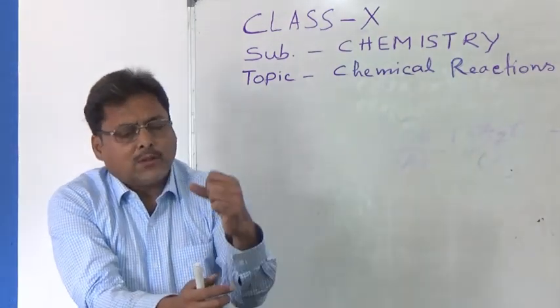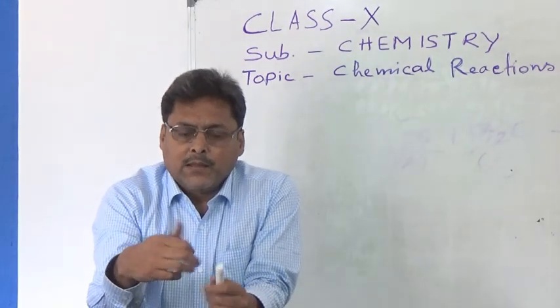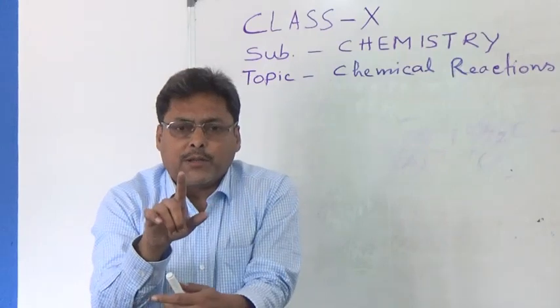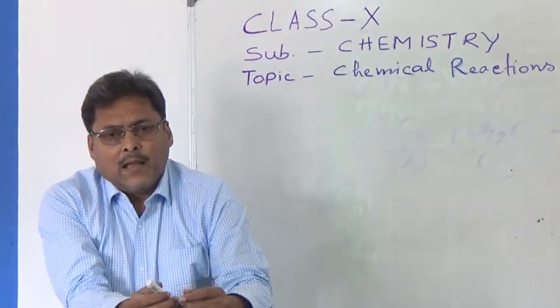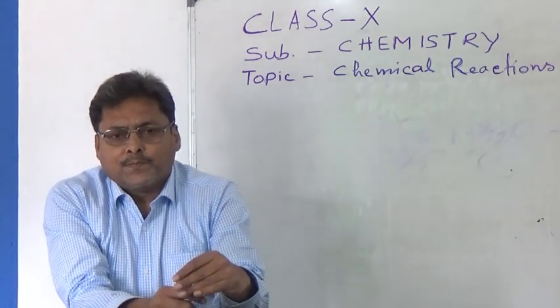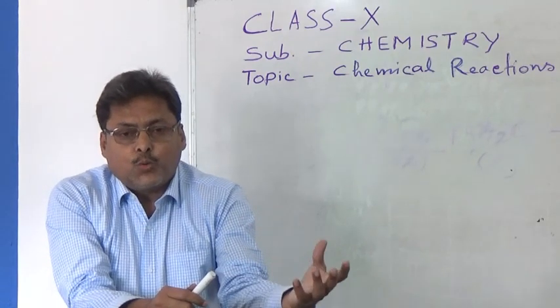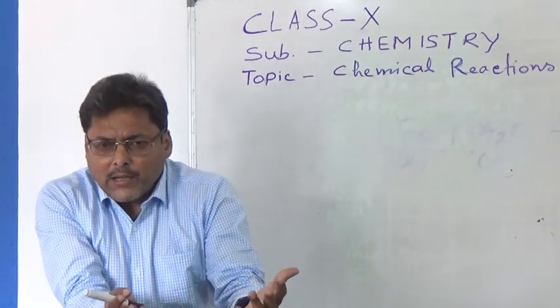Suppose you take a glass of water and mix some sugar in it. The sugar will disappear and the water becomes sweet. But is there any new substance? Has the chemical composition of the sugar, that is glucose, C6H12O6, been changed? No. H2O water, has it been changed?